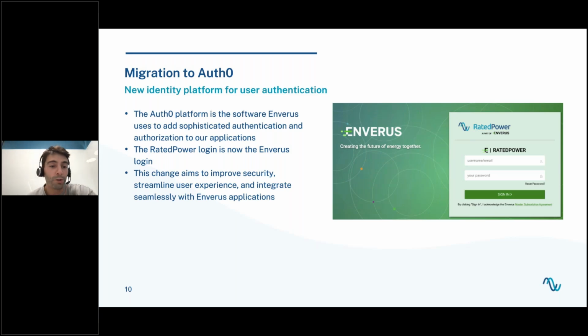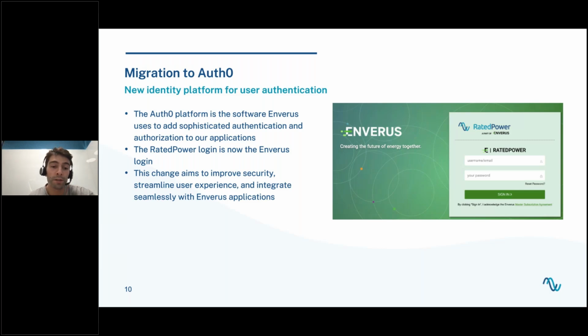Then also during May, we migrated to Auth0, which I'm pretty sure that you all suffered from, because all the users had to reset or change their passwords. Yeah, we changed to this identity platform, which is the software that Emberus uses to authenticate the user.